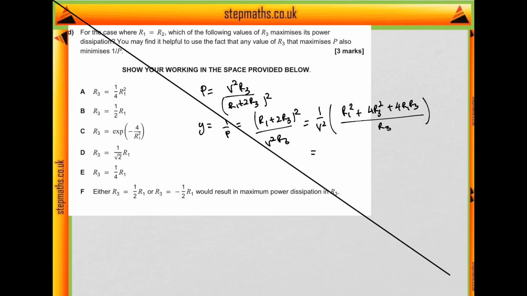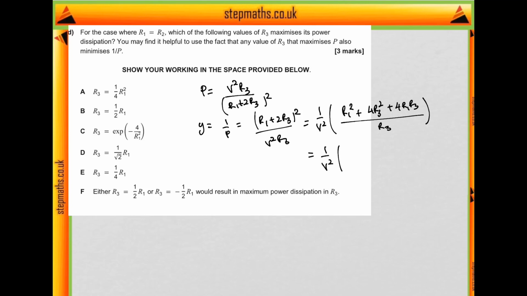So this is equal to 1 over V squared into R1 squared over R3 plus 4R3 plus 4R1. Now what we need to minimize is this expression here.